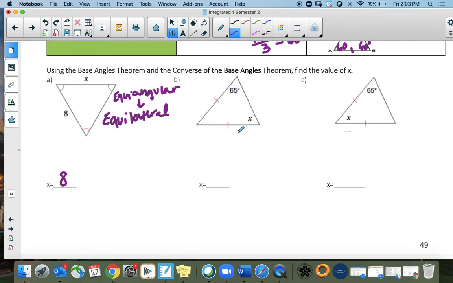Or I don't even have to use the words if I don't want to. I could just say we know that angles congruent leads to sides congruent, right?